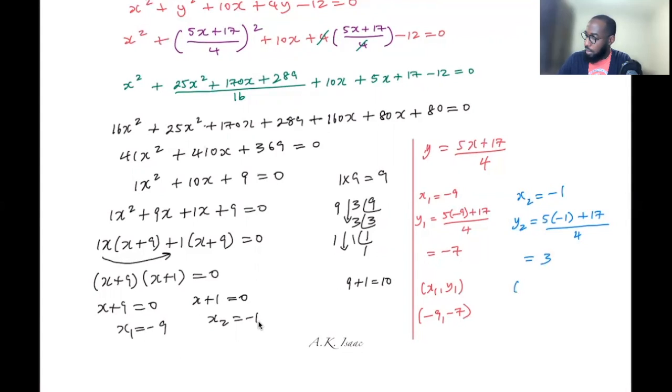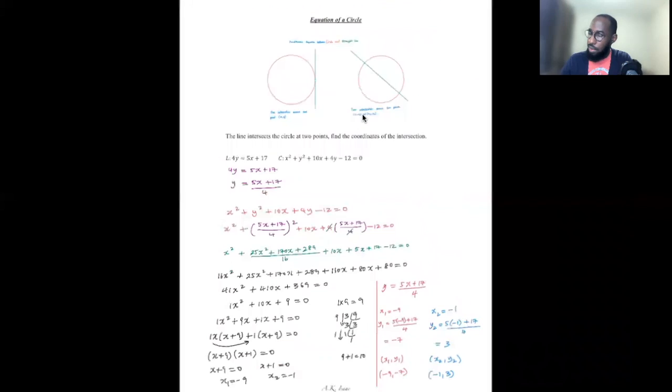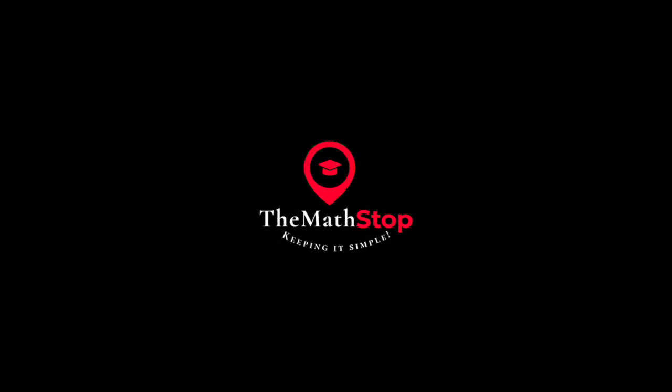So here we have x2, y2, and that is -1, 3. Right? So we have our first set of coordinates and our second set of coordinates. So that's it for equation of a circle in relation to finding the coordinates of the intersection.